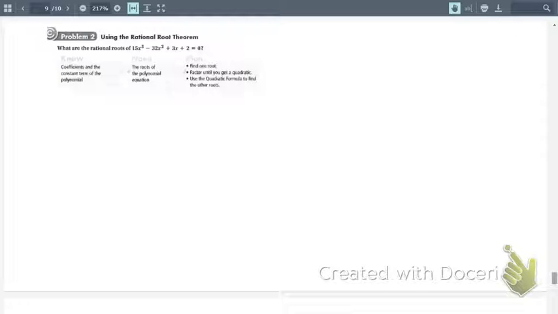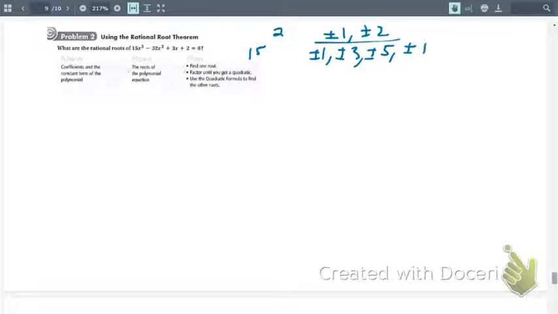The first thing we are going to do is find the list of possible rational roots. We take the factors of our constant, which is 2. The factors of 2 are plus or minus 1 and plus or minus 2, and we divide by the factors of 15: plus or minus 1, 3, 5, and 15.